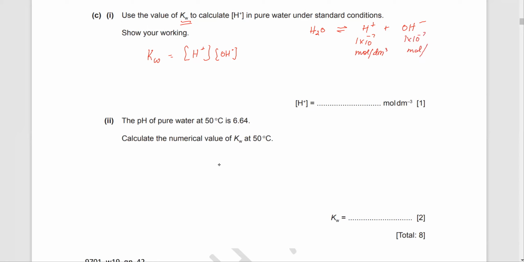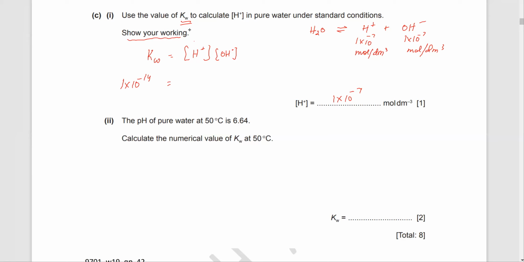But he's asking us to actually show the working. I mean, we know this as a fact, we know what the answer is, but he has specifically stated show the working. How did you get this? From the Kw value. The Kw value is 1 times 10 power minus 14.